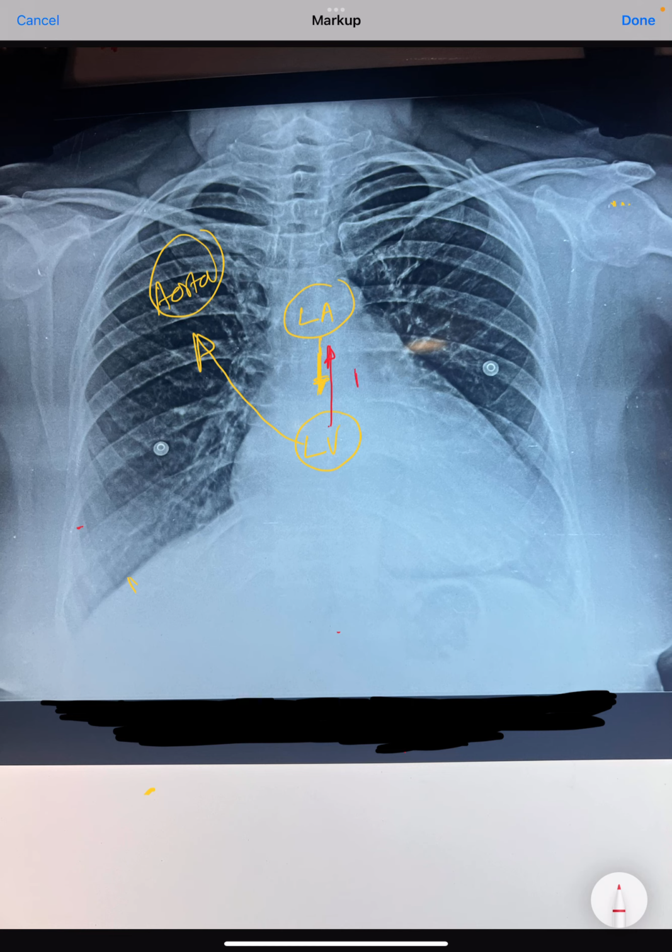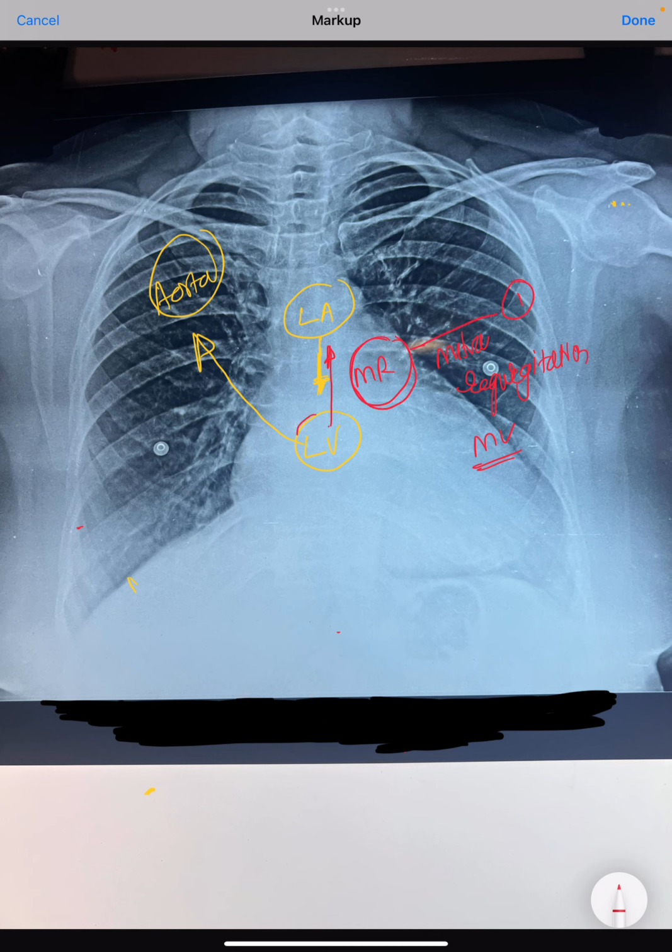If it happens, we call this MR, that is mitral regurgitation. It means the mitral valve is incompetent and not closing completely. That is the reason there is leaking of blood from the left ventricle to the left atrium during systole, which we call MR. So MR is the first differential diagnosis.